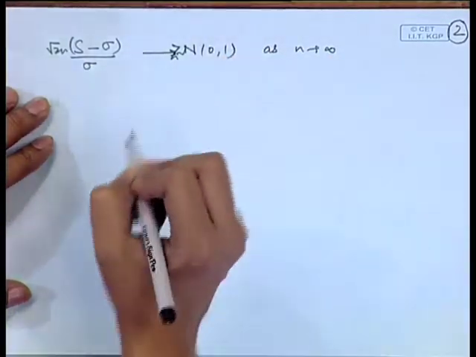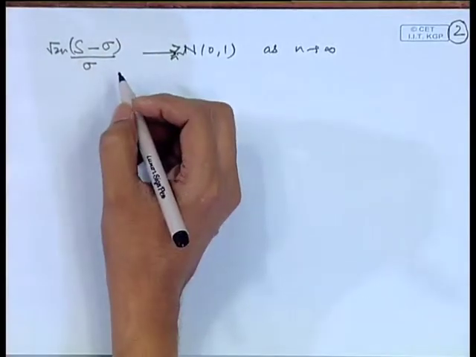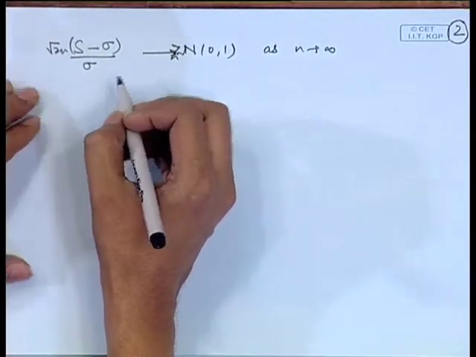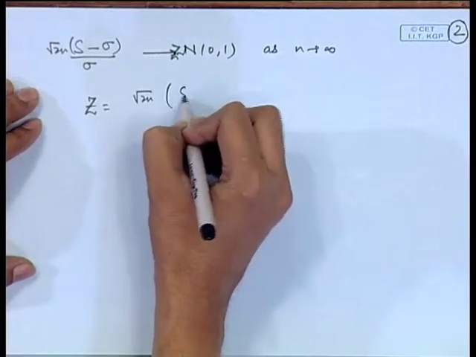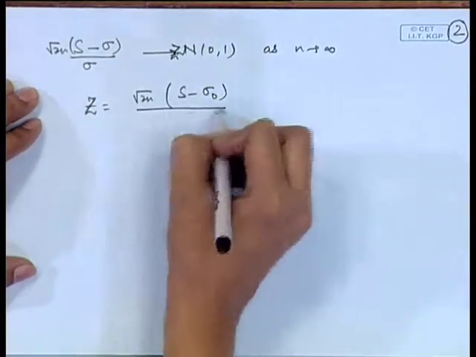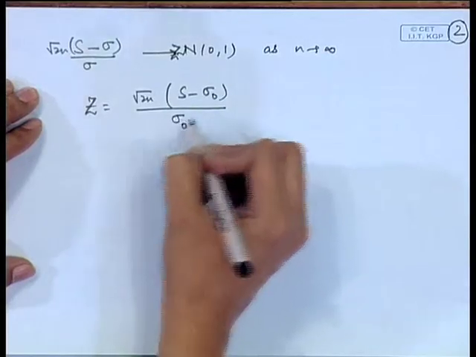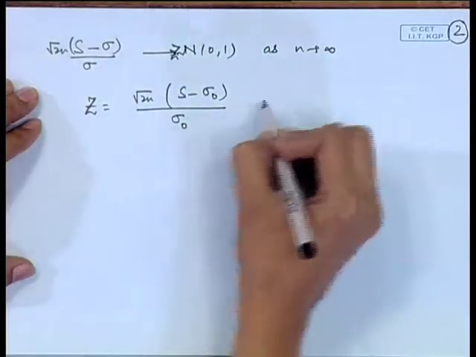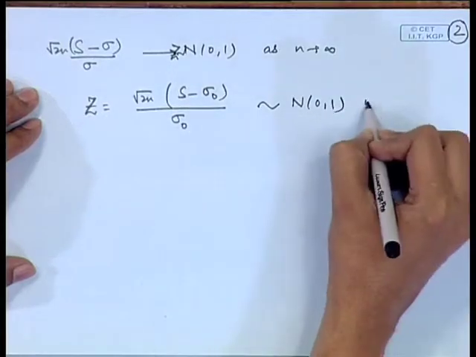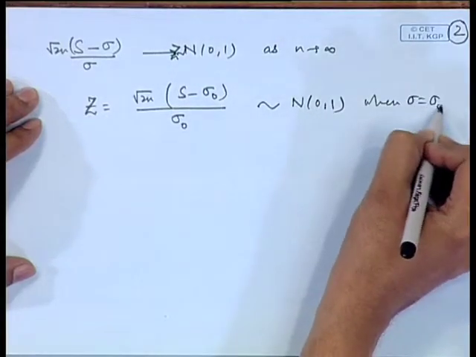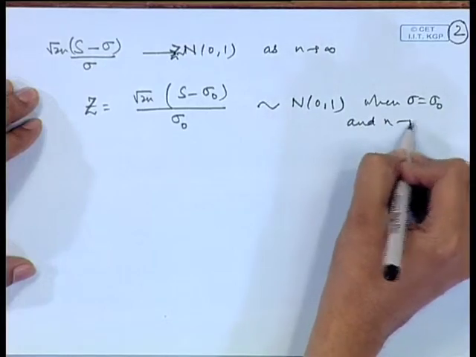So, if we define our random variable z equal to root 2 n times S minus sigma naught divided by sigma naught, then this follows normal 0 1 when sigma is equal to sigma naught and n tends to infinity.